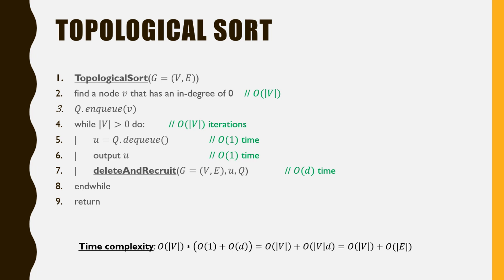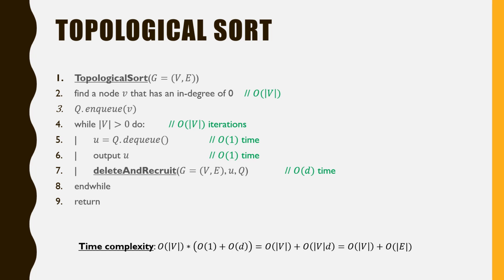Here is the updated topological sort algorithm. In lines 2 and 3, we initialize Q with all nodes that have no incoming edges. Then, we iteratively process tasks using the while loop in line 4 until the graph becomes empty.